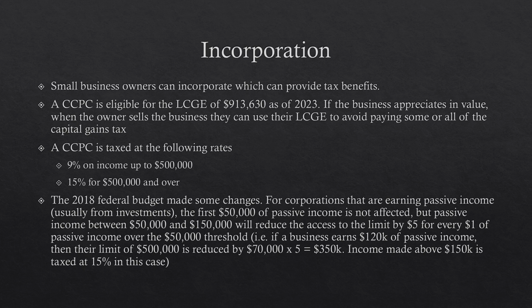Essentially, if a business earns, let's say, $120,000 of passive income, then that $500,000 limit is reduced by 70,000 times 5, so 350,000. Then income made above 150,000 is taxed at 15% in this case.